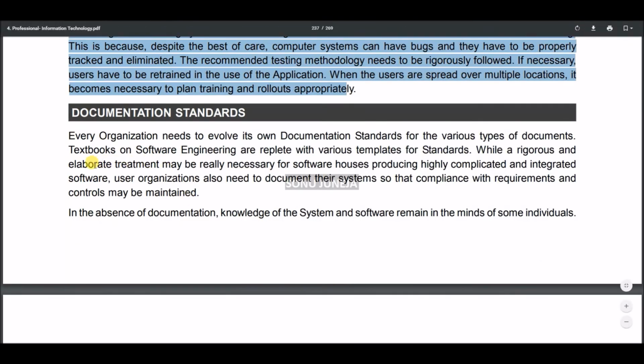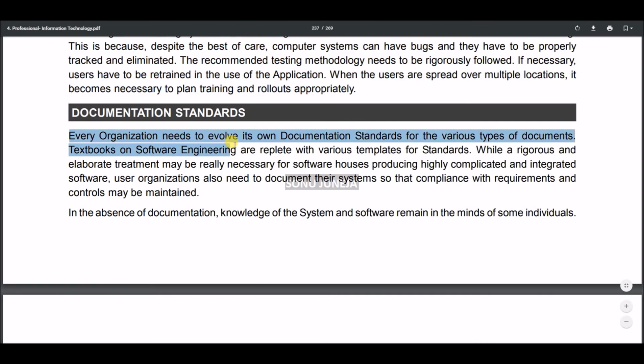Now, documentation standards. Every organization needs to evolve its own documentation standards for various types of documents. Textbooks on software engineering are replete with various templates for standards.